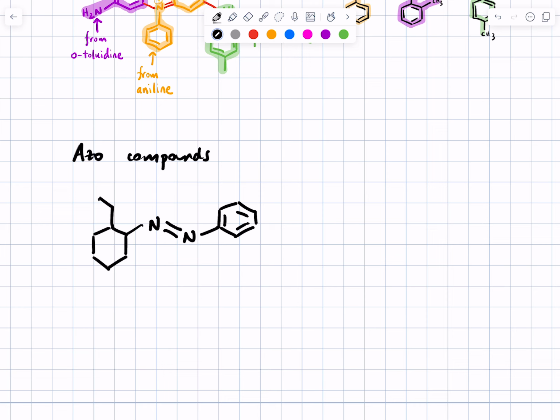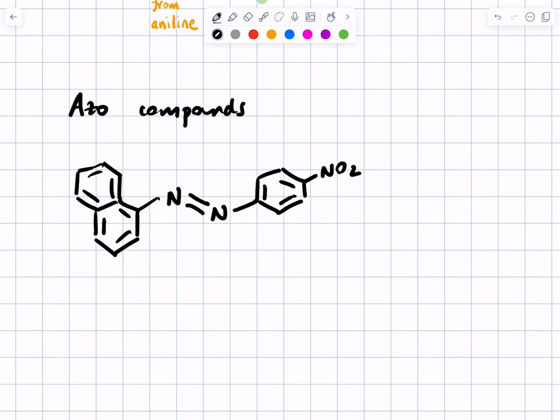Here's an azo compound that has a benzene ring on one side and then two fused benzene rings on the other side. The two fused benzene rings like this are called naphthalene. That's a component of mothballs, but two fused benzene rings happen to have that name. This molecule, this azo dye, is called para-red, and it's red.